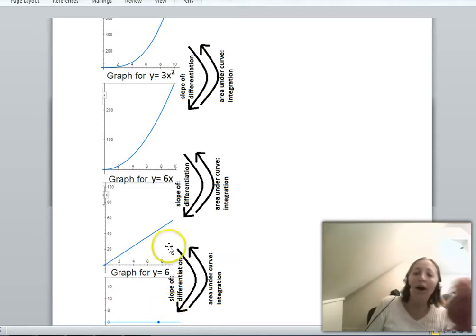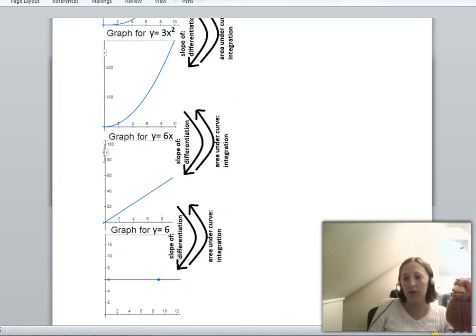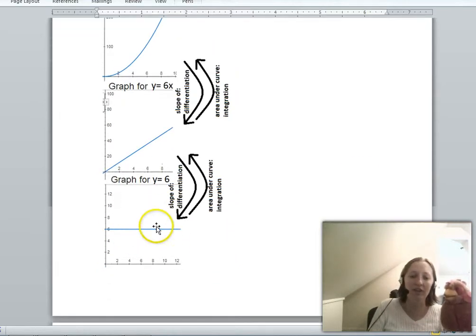You can also go up and say, all right, if I have a graph of a slope of some function and that graph is flat, then I know that it comes from a graph that looks like this. And so going from a flat line graph to an angled line graph, that's going up.